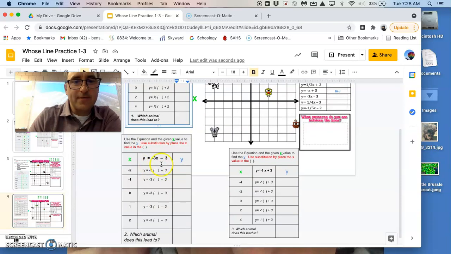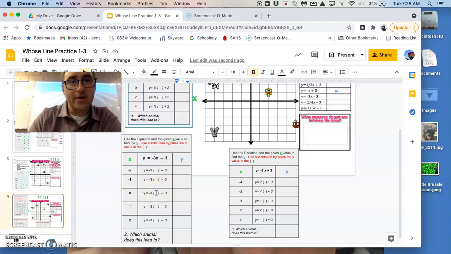Then I do the same thing for the next equation, but this time I'm substituting the numbers into this equation. This says -3x minus 3. So just like you have a substitute in class, if the teacher's gone, you are going to substitute these numbers in the x column into the parenthesis and then say what the new y number is. For example, here, x is 0.